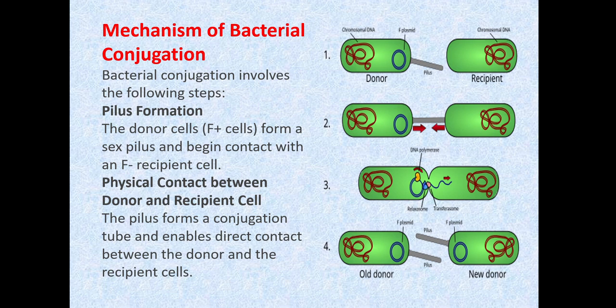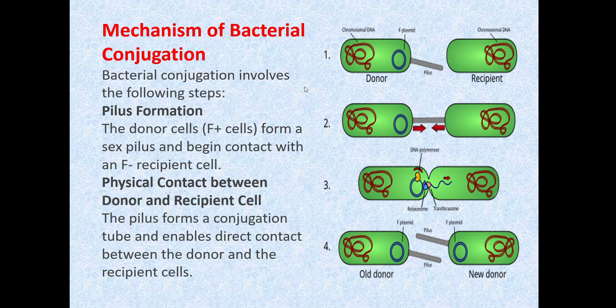So in bacterial conjugation, two bacteria: the one having the F plasmid is known as the donor, and the other, which doesn't contain any plasmid, is termed the recipient.